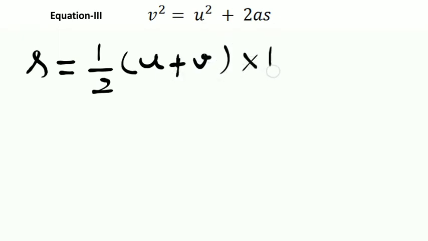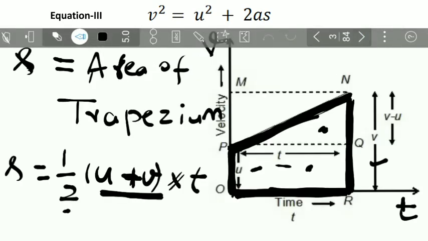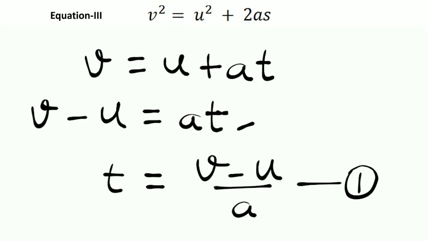into t. Now we will put the value of t from equation 1. This is our equation 1. Equation 1 says t is equal to v minus u upon a. Put the value of this t in that expression.